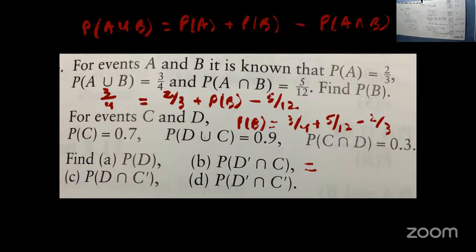We can convert everything to 12 again. So that's 9 and 5, 14, minus 8, that's 6 over 12, which is a half.